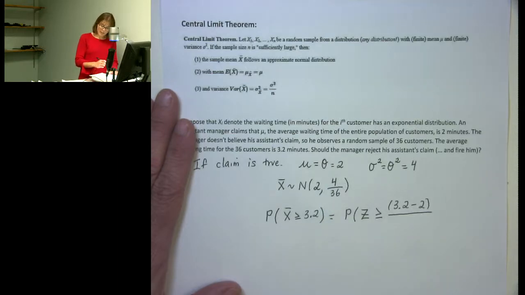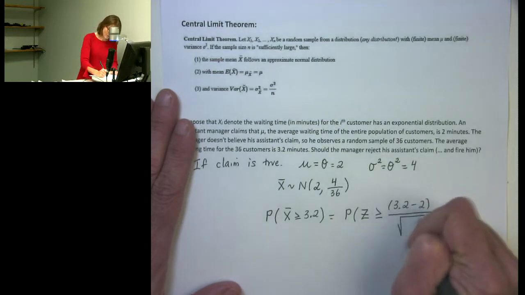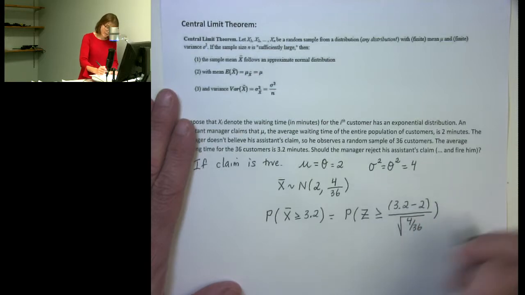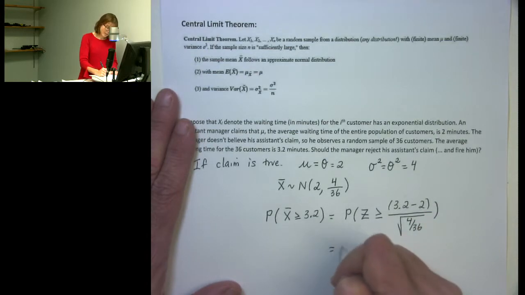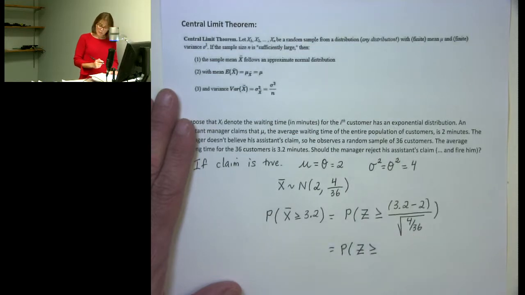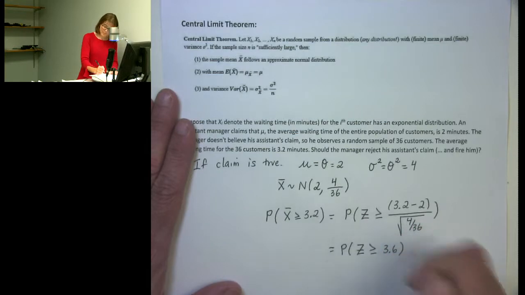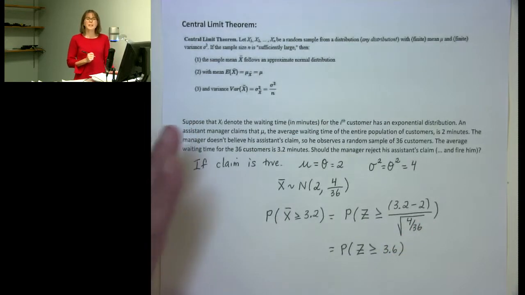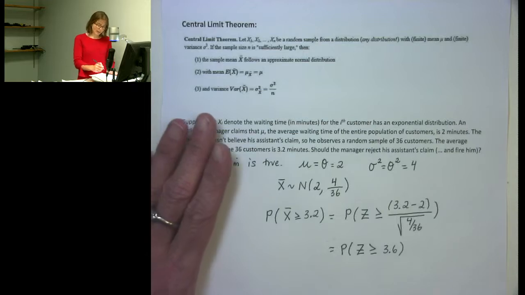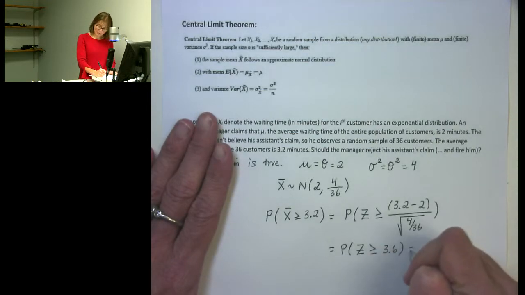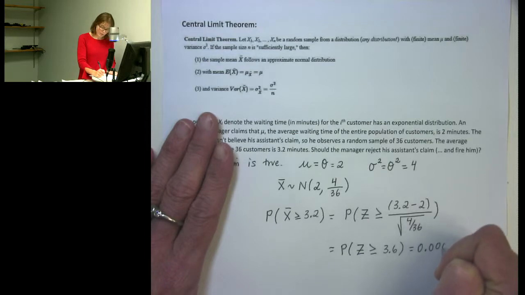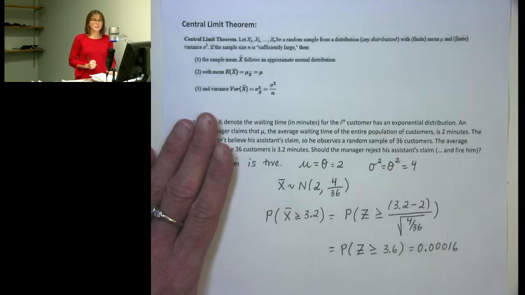Here we have the variance, so that would be the square root of 4 over 36, which is the same as the probability that our standard normal random variable would take a value greater than or equal to 3.6. Now, if we use our table or the calculator to find this probability, it comes out to be about 0.00016.